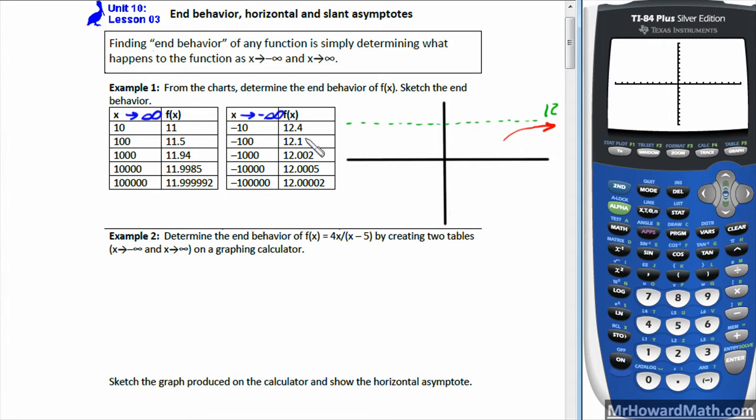See, they're at 12.4, then 12.1, 12.002, etc. So they're coming from above like this, and it's going to hug that horizontal asymptote for the end behavior as x approaches negative infinity. So that means we have a horizontal asymptote, we'll abbreviate HA, at y equals 12. From the table values, we can tell that's what's happening. As x approaches infinity and negative infinity, the function values approach 12.